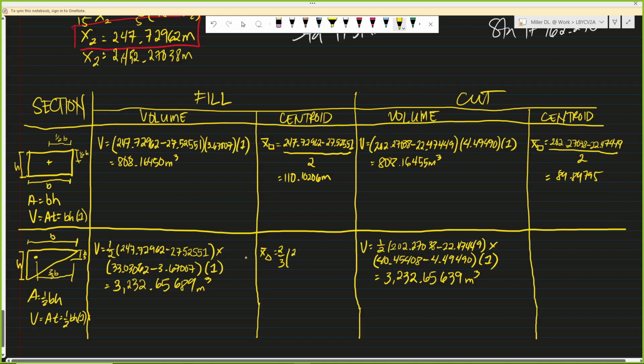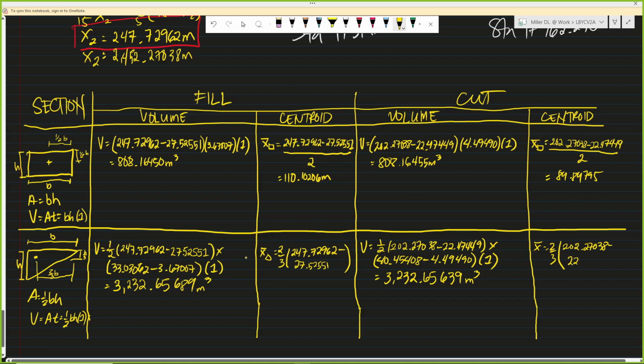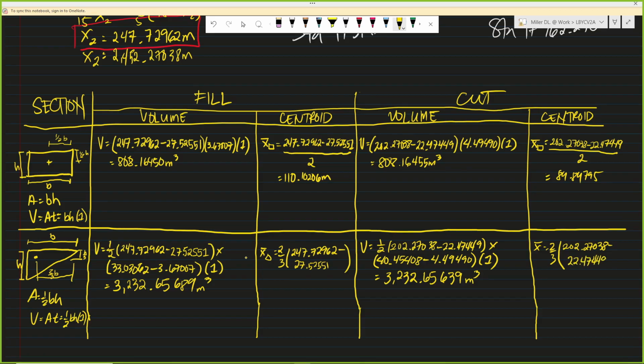Two-thirds. So 247.72962 minus 27.52551. On the other side, x bar is equal to two-thirds times 202.27038 minus 22.47449. Okay, kindly determine the centroid of the triangles in reference with the vertex.